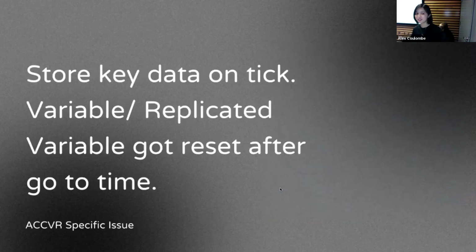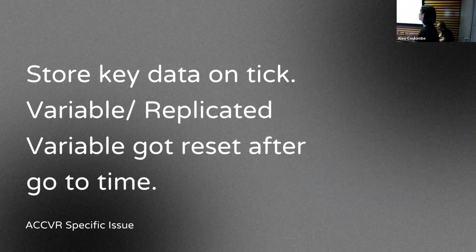Another thing is we want to store all those key data on tick. That is mainly for our own purposes, because whenever we fire a cue, we're only firing it once. And whenever we jump in time in the replay playback, all the variables get reset. So we have to wait for another cue to be fired to catch up.